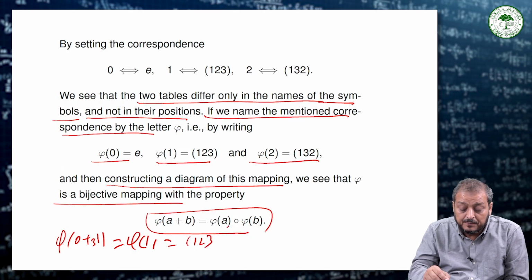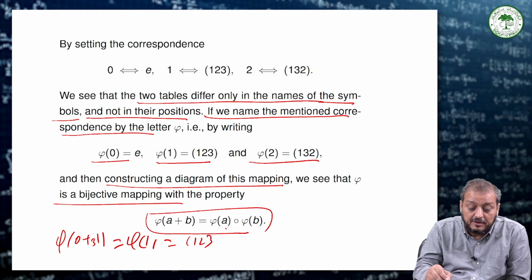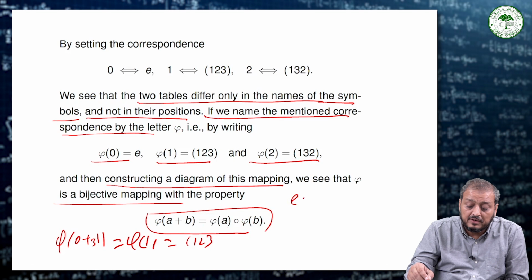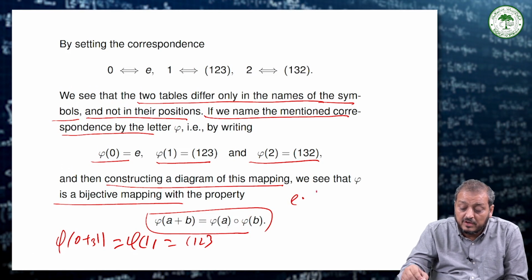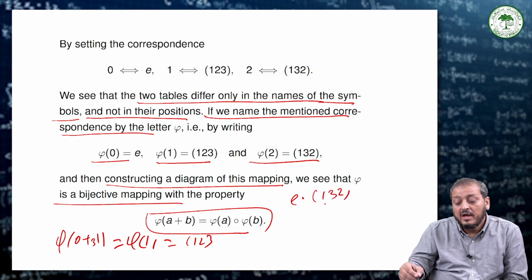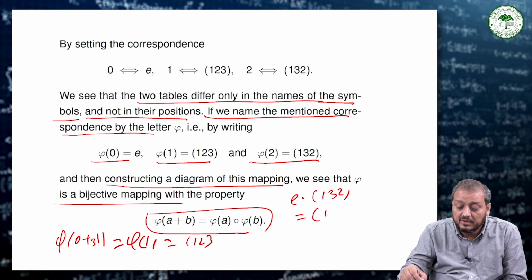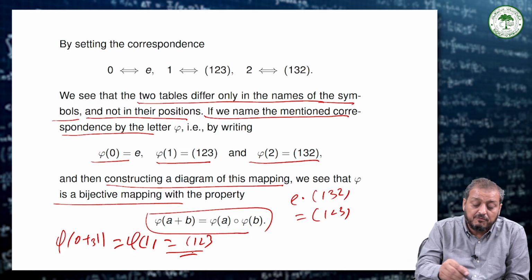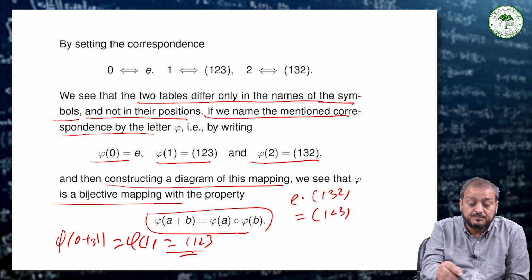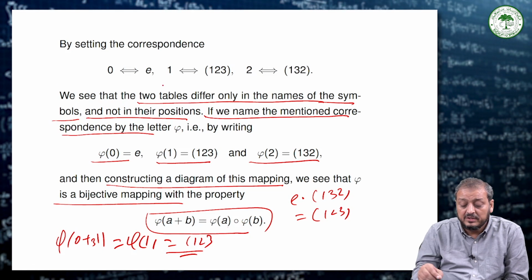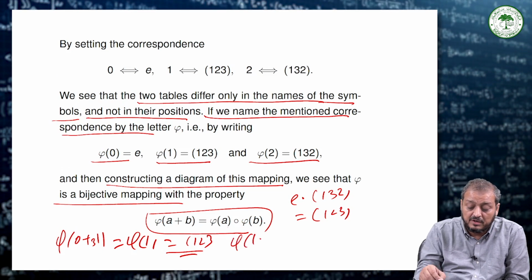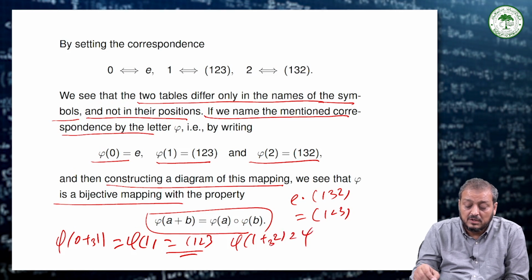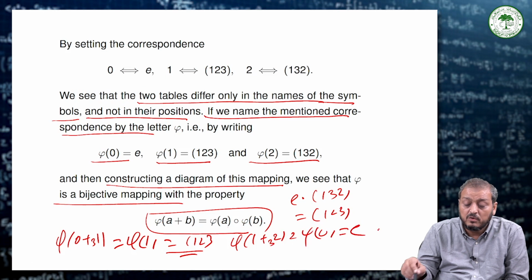Now if you take phi of A, phi of 0, which is the identity, multiplied by phi of B, which is 1 2 3, this is the same as 1 2 3. So this satisfies the condition. Similarly, for the others also, if you take 1 and 2, we can verify that phi of 1 composed with 2 is equal to phi of 0, and phi of 0 is equal to the identity.